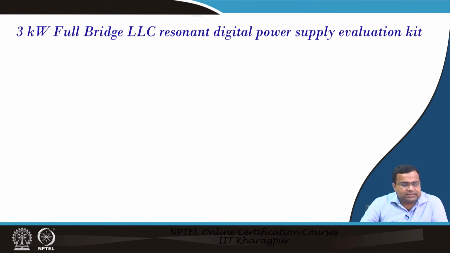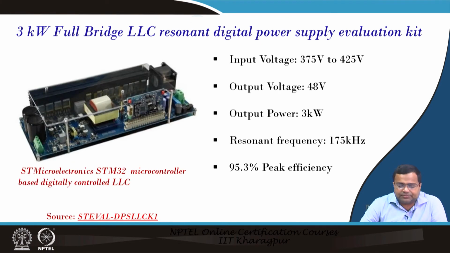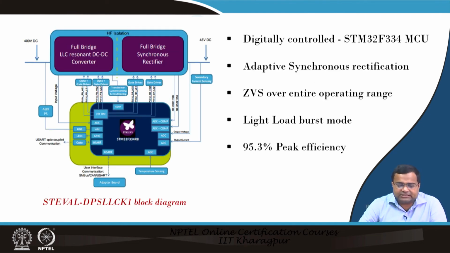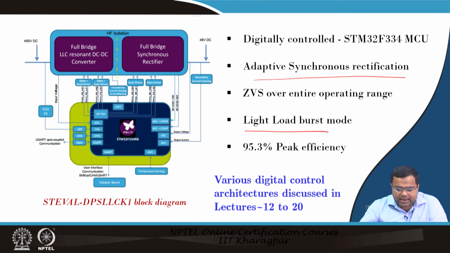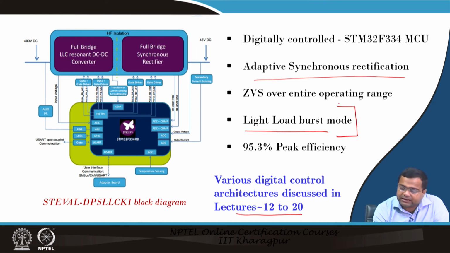Then this is the 3 kilowatt LLC converter from ST Microelectronics. Then it uses a fully digital control solution and adaptive synchronous rectification. That means you can also do dead time optimization, then light load control improvement, and we have discussed in lecture 12 to 20 the different architecture, and this light load control we have taken in week, I would say, 11 and 12.